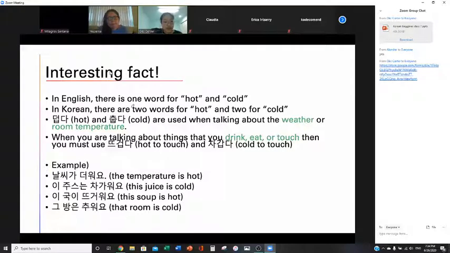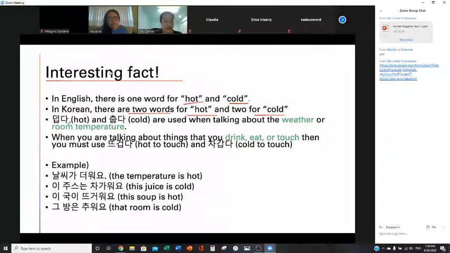So, an interesting fact. In English, we have only one word for hot and cold, whether it's temperature or when you touch things, it's hot or cold. It's just one word. In Korean, we have two words for hot and cold.